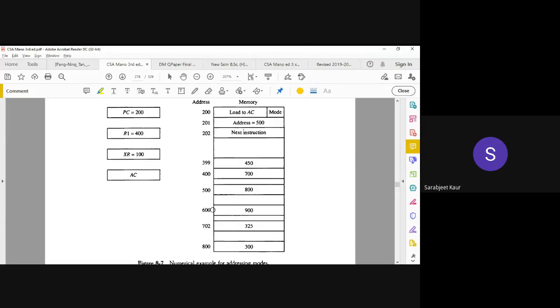Operand is 800, the address is 500. I go back here, 500 is listed here. Which addressing mode? Direct. If the operand is 500, then immediate. If the operand is 300, then indirect. So you should also do it the reverse way.